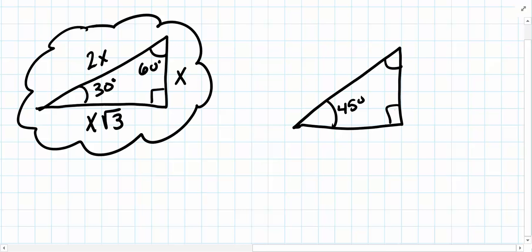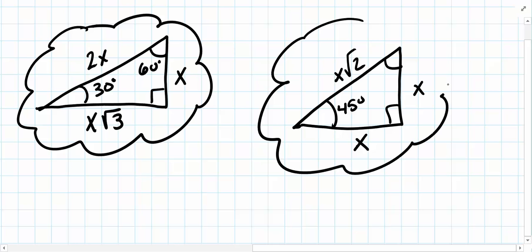That's 45, 45, 90. X, X, and then X root 2. Absolutely, okay? If you can keep these in mind, and remember, it doesn't matter the size of the triangle. The only thing that matters is the relationship among the sides, because the angle ratios will always be the same. So if we keep those in the back of our mind the entire lesson, we're going to be off to a really good start.